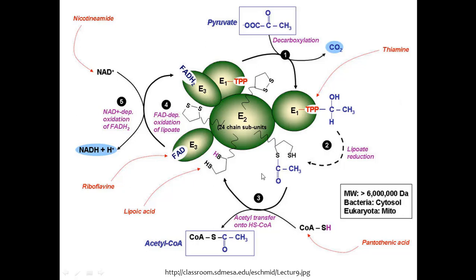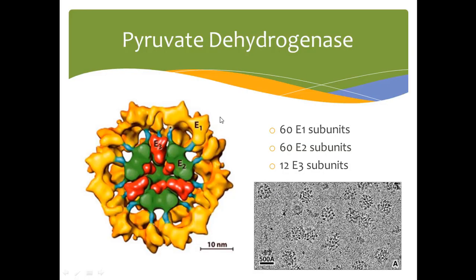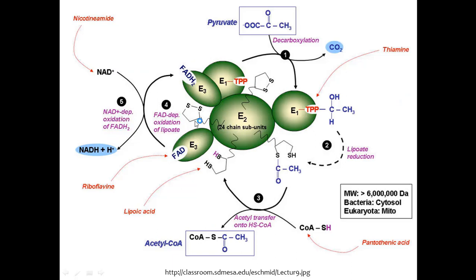Okay, so a complicated biochemical image here. What we've done here, I'll go back, is isolate just one of these subunit pieces and pull it out here to depict the E1, E2, and E3 subunits and how they come together. And what you want to look at here again is that thiamine pyrophosphate, TPP. There's thiamine, there's the arrow pointing to thiamine.